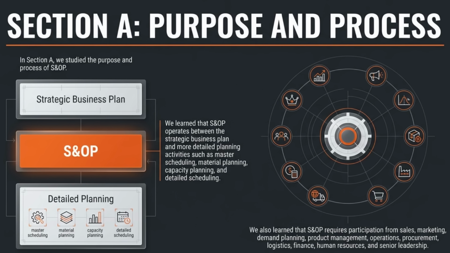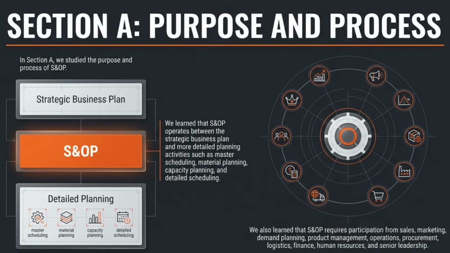We learned that S&OP operates between the strategic business plan and more detailed planning activities such as master scheduling, material planning, capacity planning, and detailed scheduling. We also learned that S&OP requires participation from sales, marketing, demand planning, product management, operations, procurement, logistics, finance, human resources, and senior leadership.